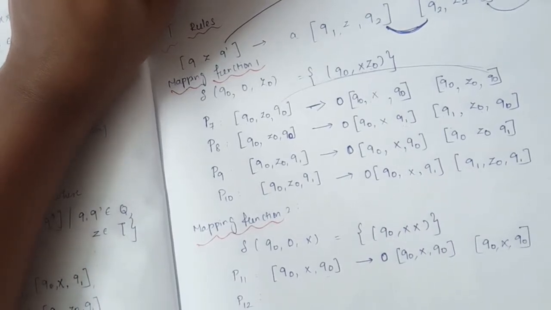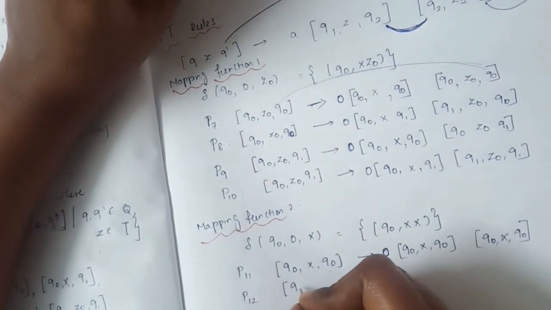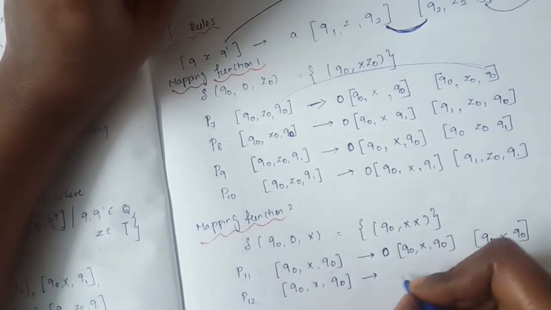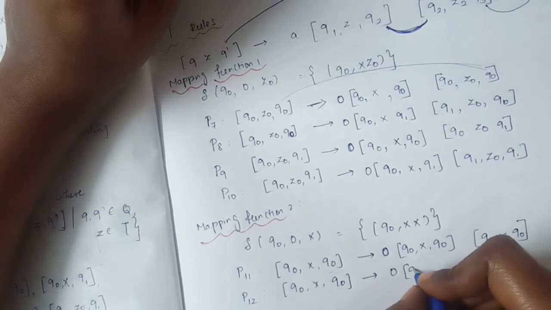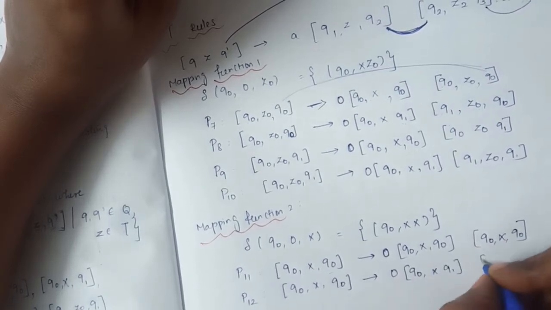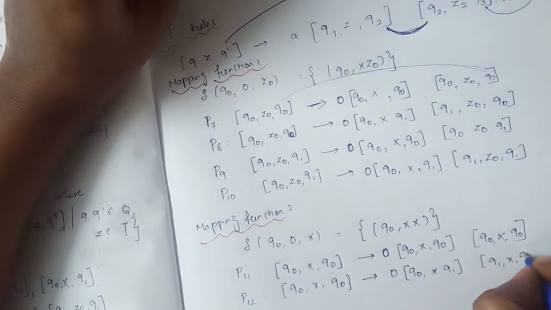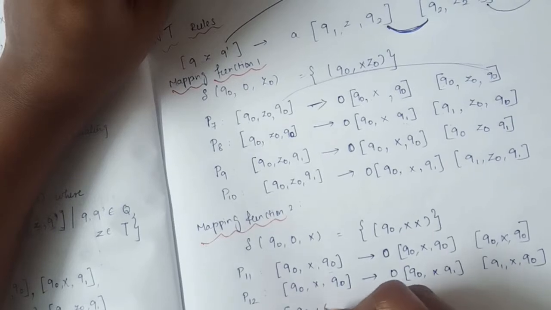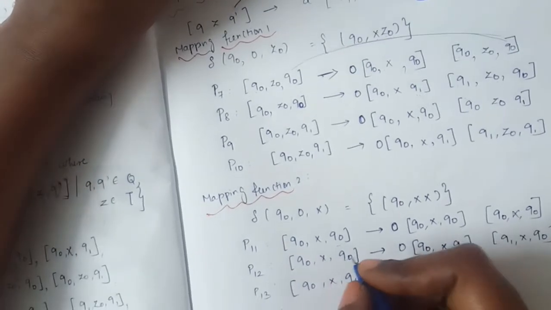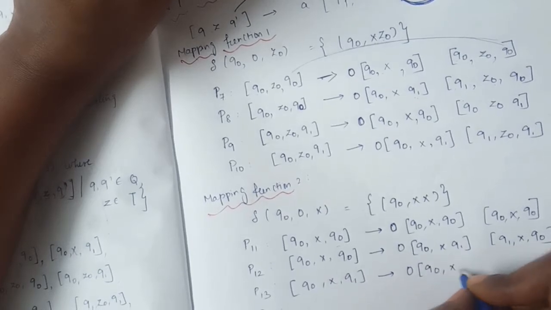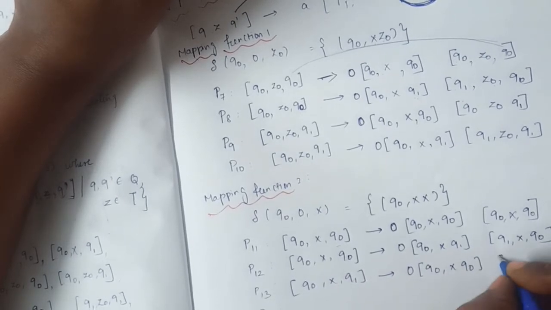So Q0 x Q0. The second thing will be Q0 x Q0, second combo. So Q0 x Q1 and Q1 x Q0. Third one, Q0 x Q1, Q0 x Q0, and we'll have Q0.